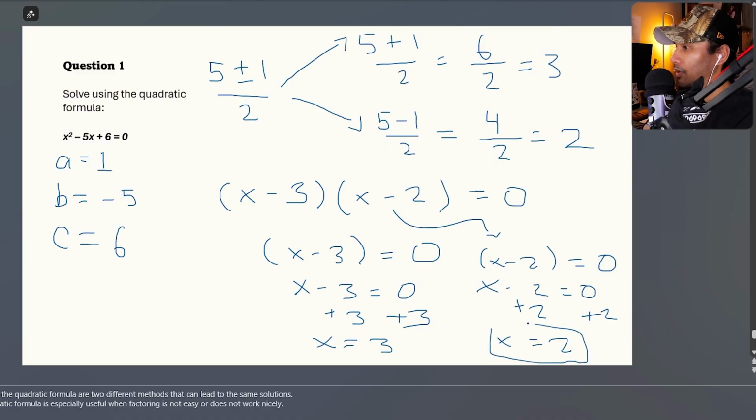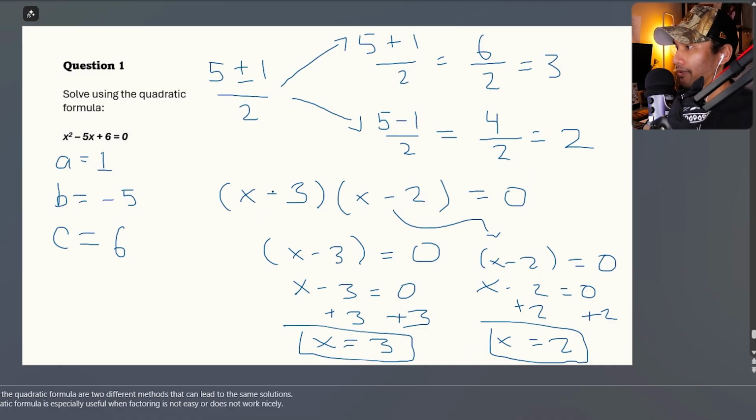So that's how you solve using factoring. You could factor it out and then get these binomials, I think that's the correct way to say it, and then solve them, and get x equaling 3 and x equaling 2.